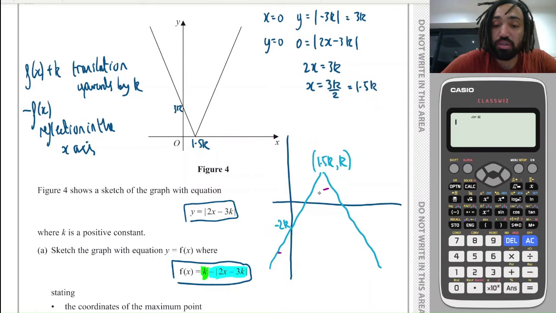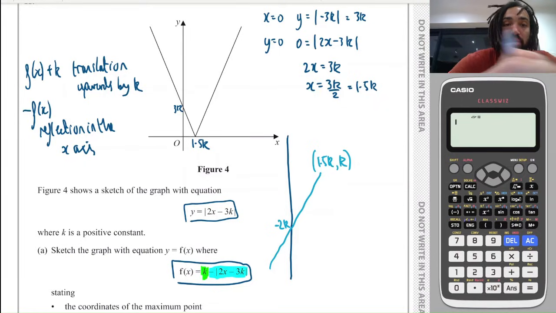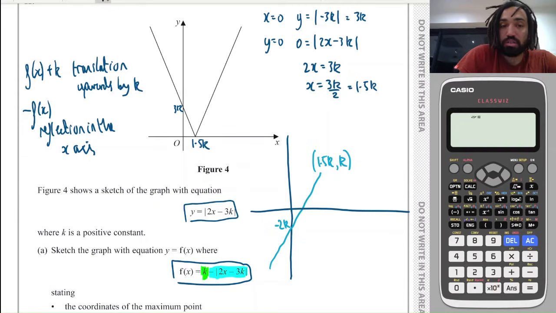The final thing to do is to work out where it crosses the x-axis. Apologies. That goes like that, and you go like that. So where does it cross the x-axis? That's what I need to work out next.